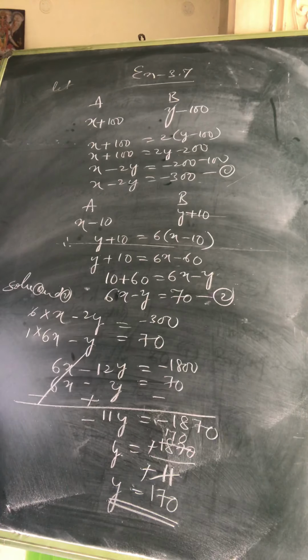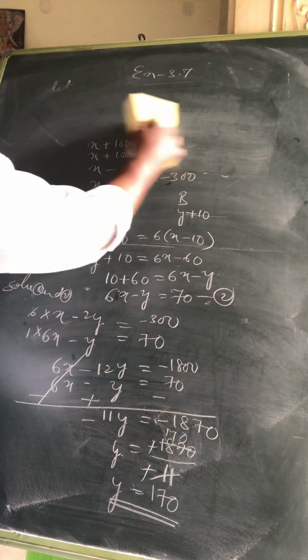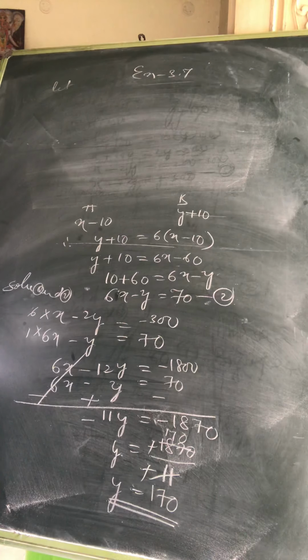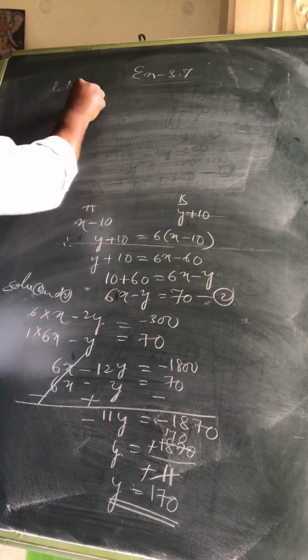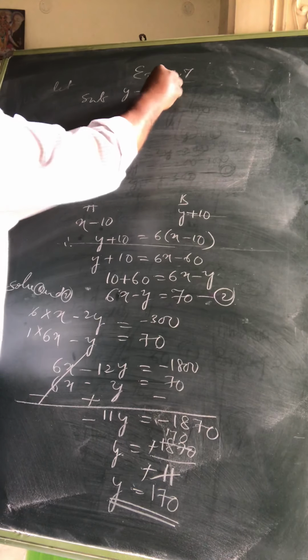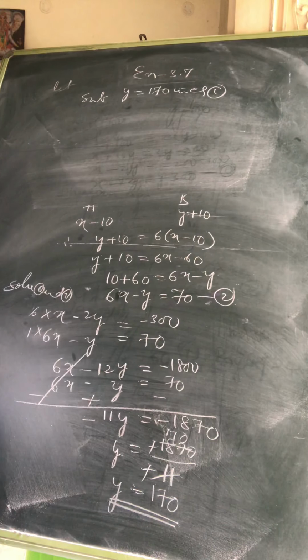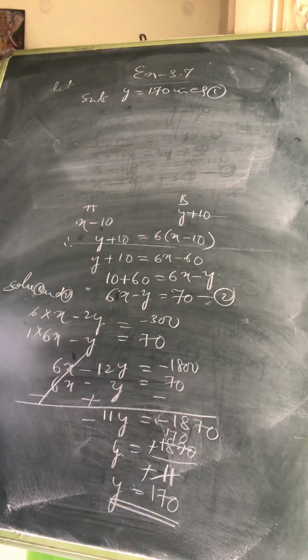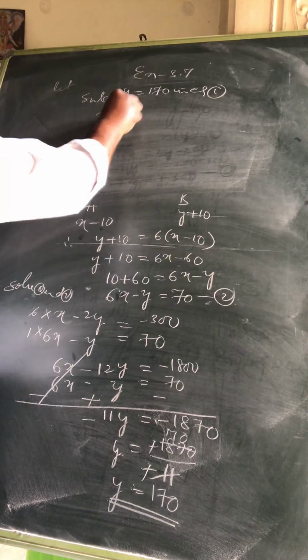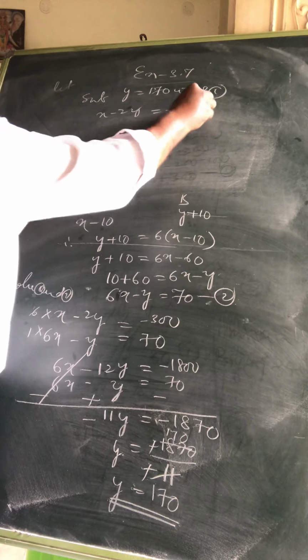This we have to substitute in equation 1. Substitute y is equal to 170 in equation 1. What is the first equation you got over there? x minus 2y is equal to minus 300.